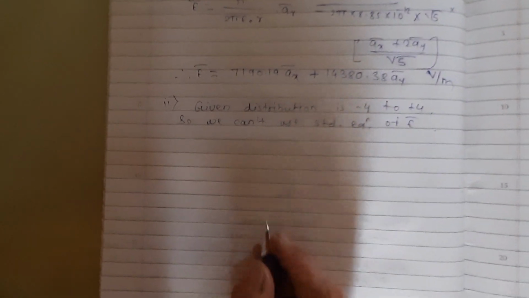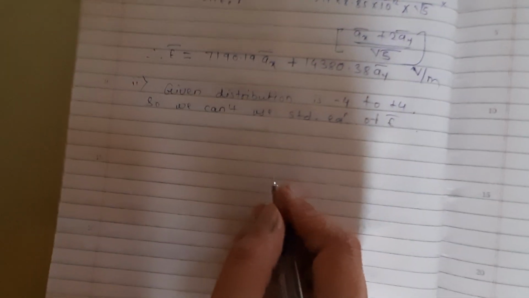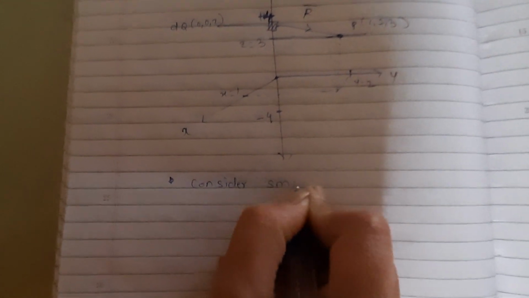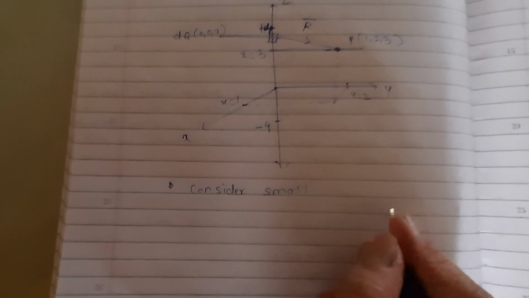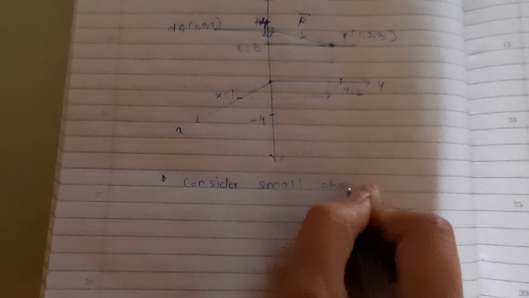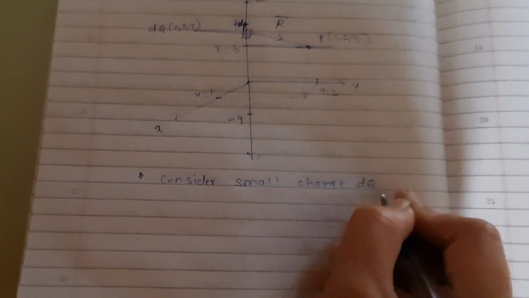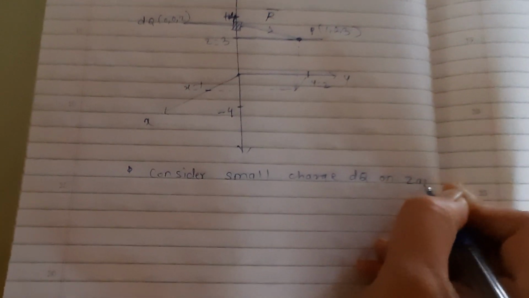First we draw the diagram. So this is the diagram. Now we consider a small charge dq on the z axis. We write here, consider a small charge dq on the z axis.